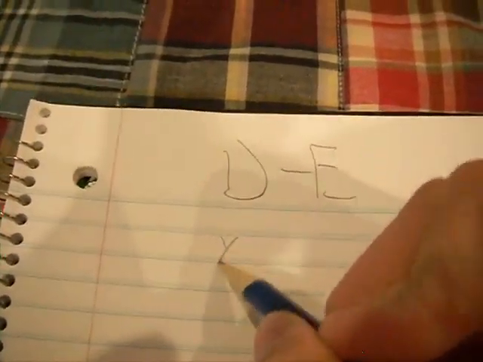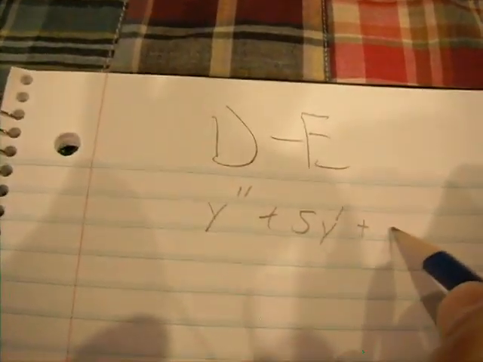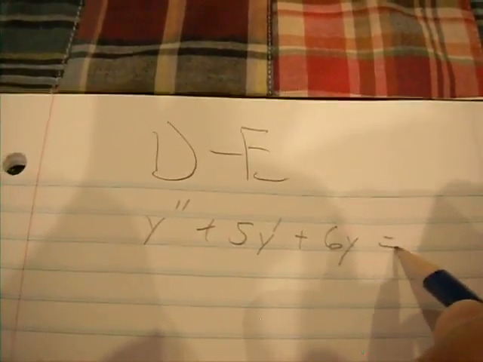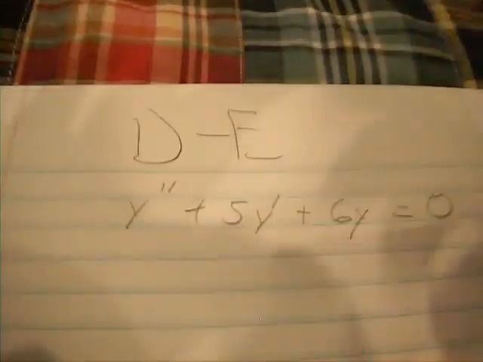And then when you go to DE, which is differential equations, or Cal 4, you're going to be doing equations like this. I have y double prime plus 5y prime plus 6y equals, let's just do it to 0 because it's a lot easier. Now this might look crazy to you, but it's really simple.